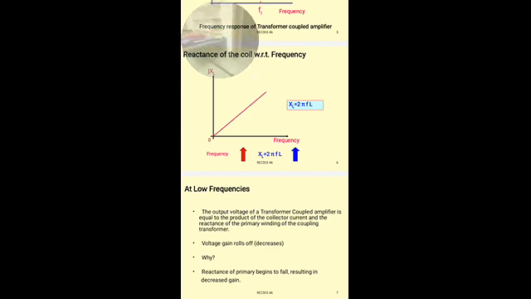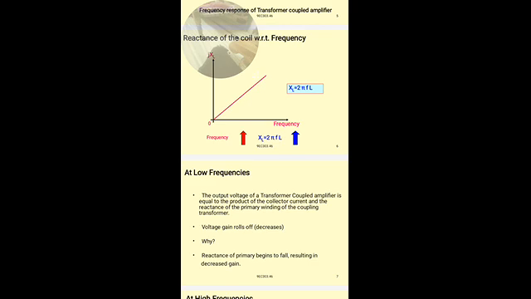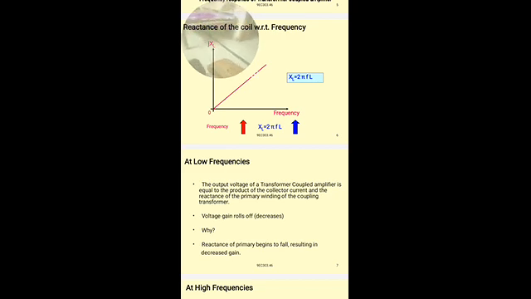Since with increase in the frequency the inductive reactance increases, at low frequencies, with decrease in the frequency, the reactance decreases, so the gain also decreases, because the output voltage is the product of the collector current and the reactance of the primary winding of the transformer, and the reactance of the primary winding decreases with the frequency.